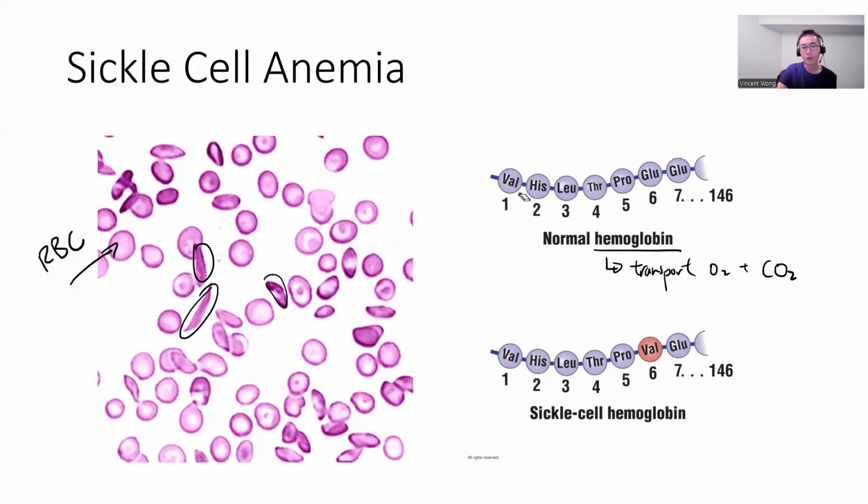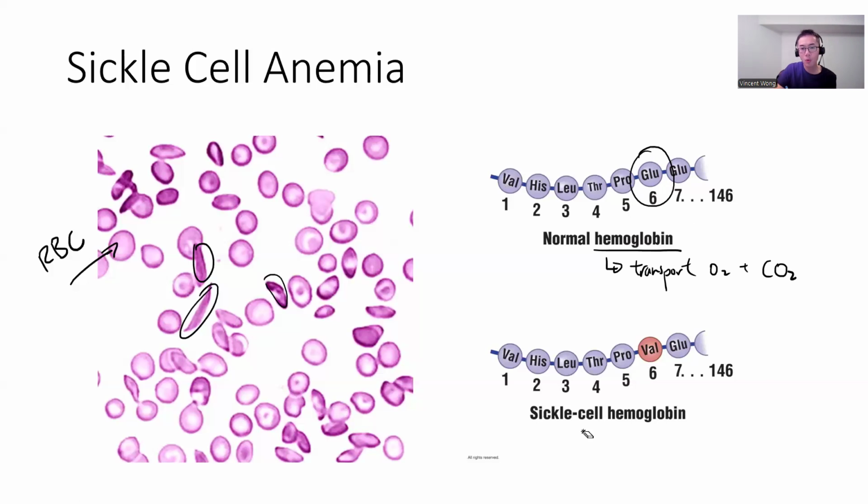Okay, so the first 7 go like this, right? There's valine, histidine, leucine, and so on and so forth. You don't have to memorize the names, okay? But at number 6, the normal hemoglobin is going to have this amino acid called GLU, glutamic acid.